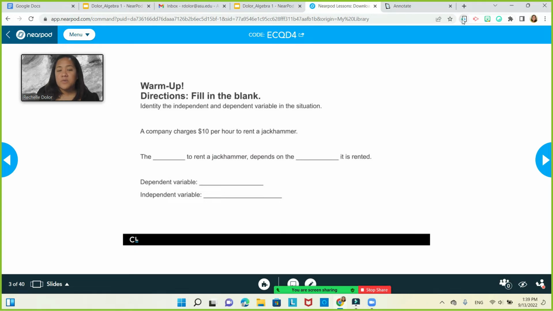So a company charges $10 per hour to rent a jackhammer. The blank to rent a jackhammer depends on the blank it is rented. So go ahead, you can pause this video and identify which quantity depends on another.